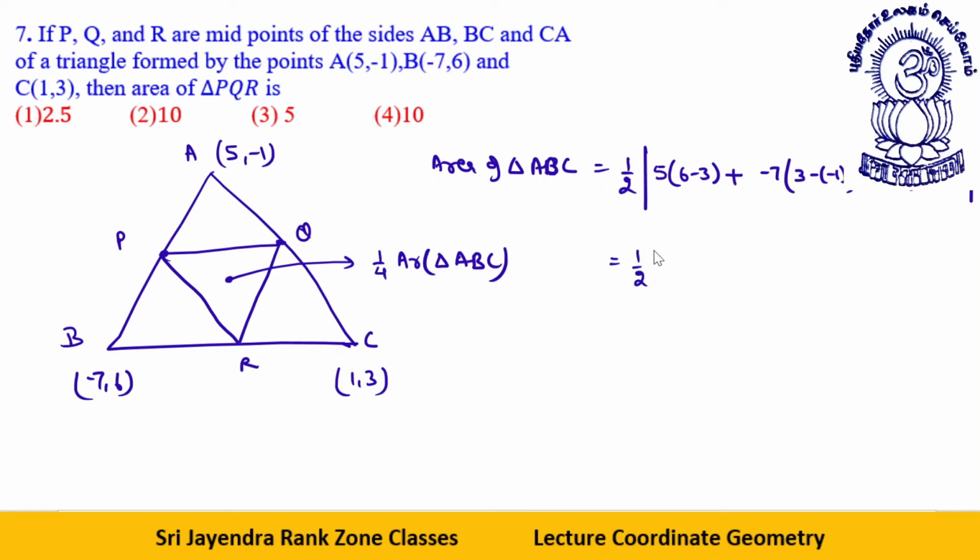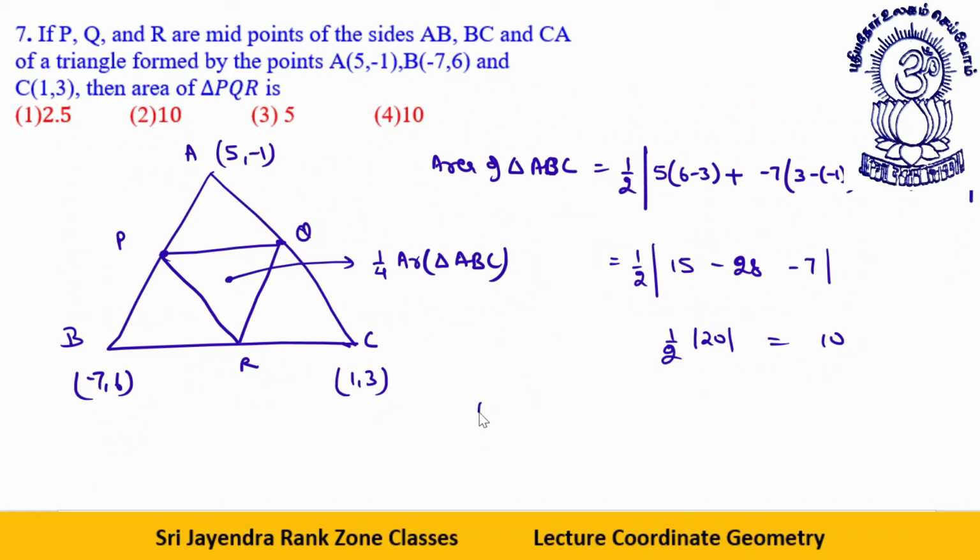Half of 5 into 6 minus 3 is 15. 3 minus minus 3 plus 1 is 4. 4 into minus 7 is minus 28. Then 1 minus 7 is minus 7. 28 and 7 is 35, minus 35 and positive 15 is minus 20. So half into 20, that is equal to 10.